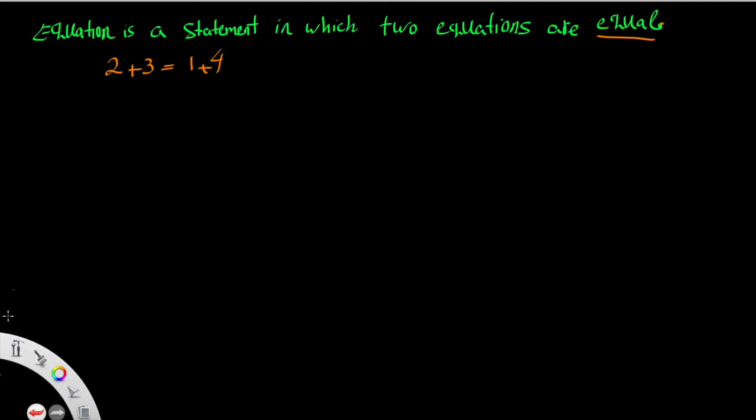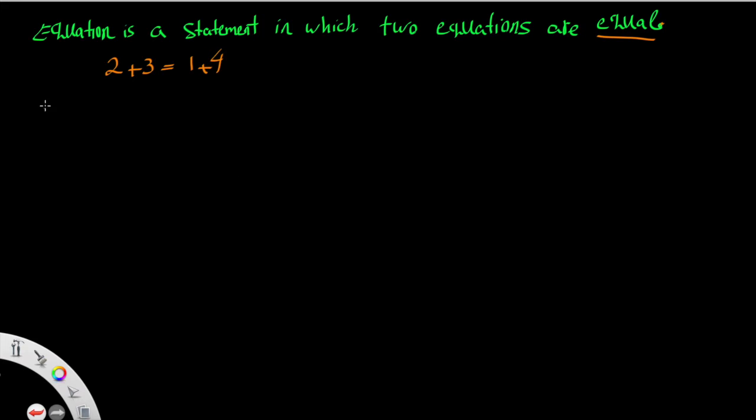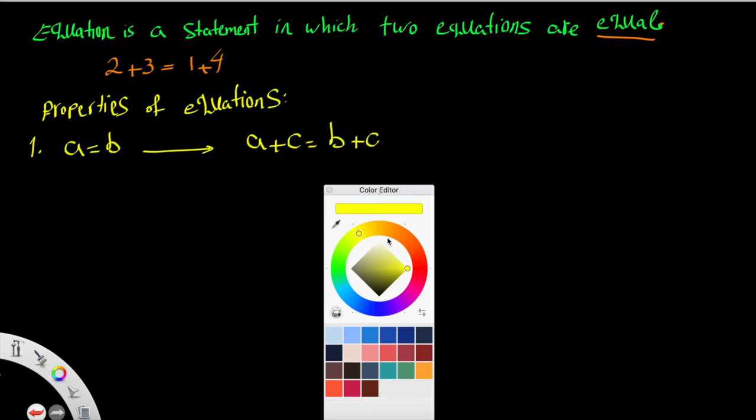Now, let's first see the properties of equations. Property 1. When A is equal to B, then A plus C will be equal to B plus C. What does it mean?